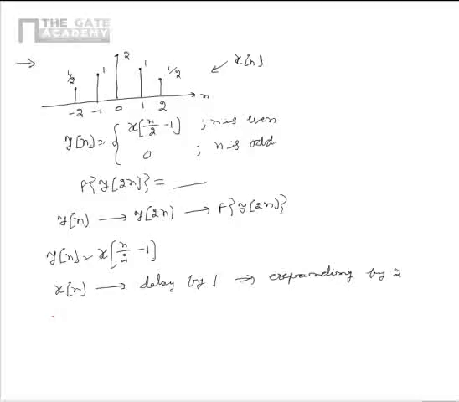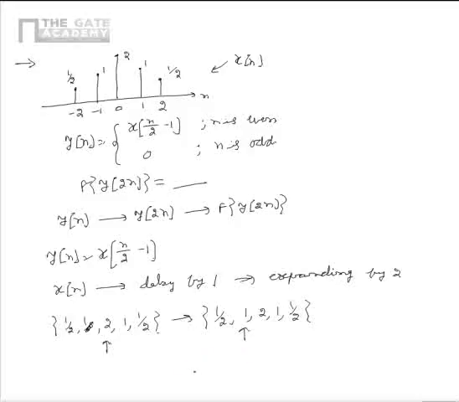First of all we know that x of n is half comma 1 comma 2 comma 1 comma half, where the value of 2 corresponds to the instant n is equal to 0. By delaying the same by 1, we get the signal as half comma 1 comma 2 comma 1 comma half, where the first one corresponds to n is equal to 0. This is actually x of n minus 1.